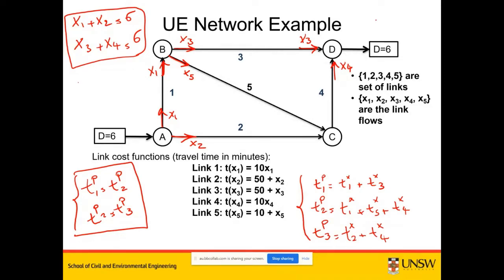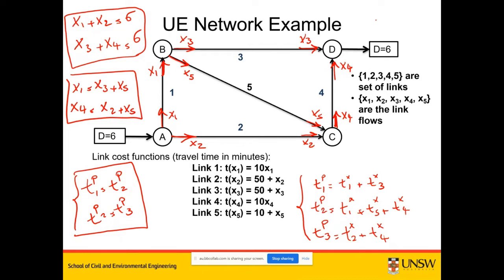So that means I can actually write x1 must be equal to x3 plus x5 because nobody has to appear. I can write a similar equation for node C, where x4 is the number of travelers coming out of node C, and I have x5 and I have x2. So x4 must also be equal to x2 plus x5.